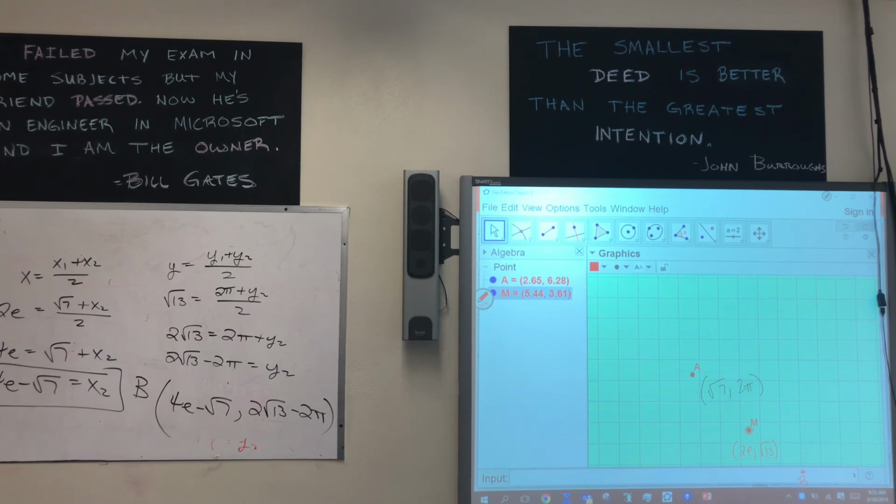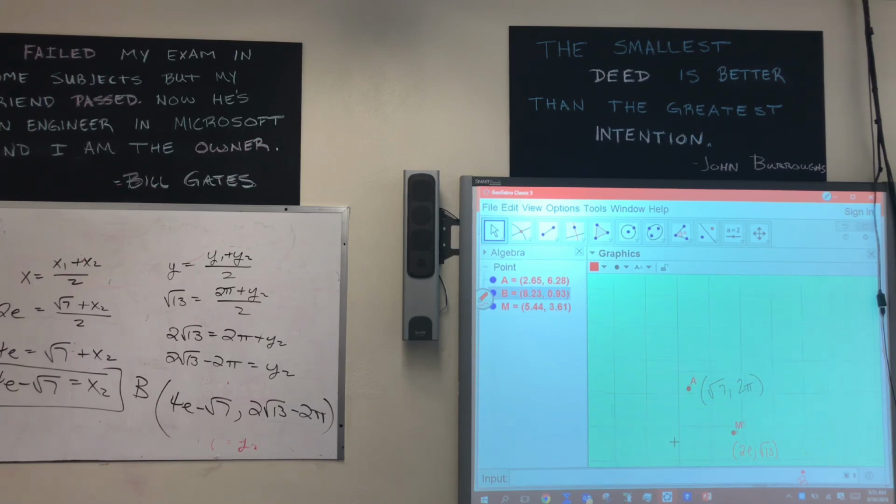Okay, so if I just ask this thing to find that location, I can go 4e minus root 7, comma 2 root 13 minus 2 pi.